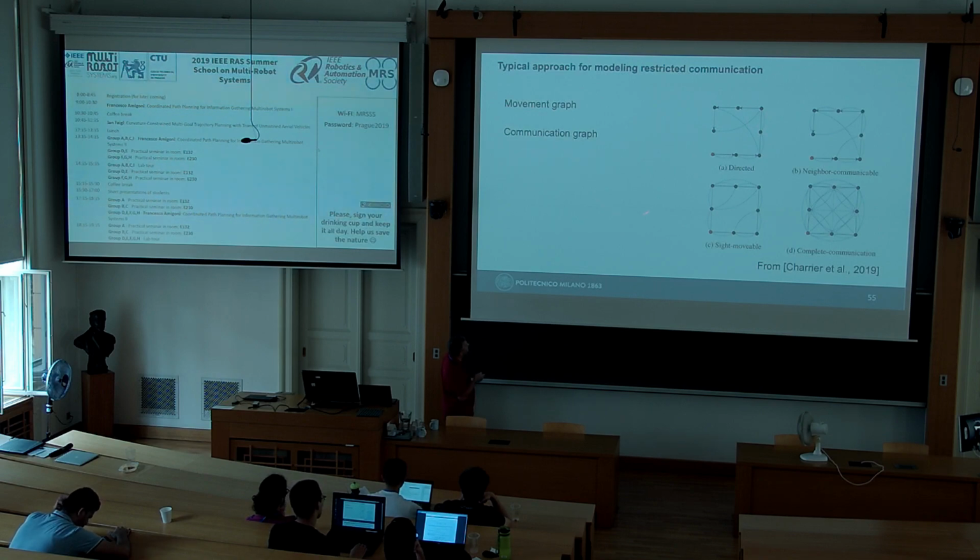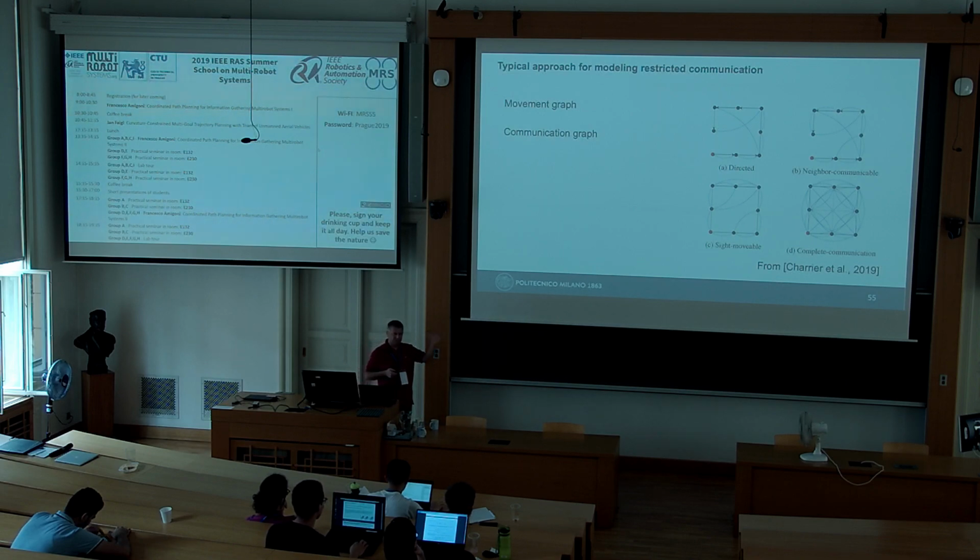And the second graph, the dotted lines, is called the communication graph, which says from which vertices we can communicate. So this means that if a robot is here and another robot is here, we can communicate from these two points.